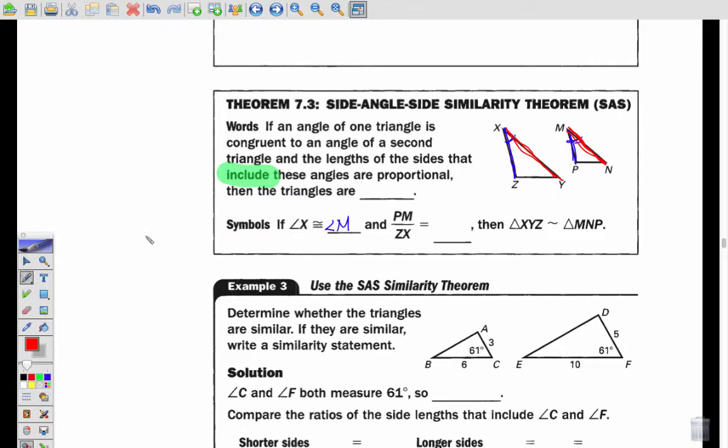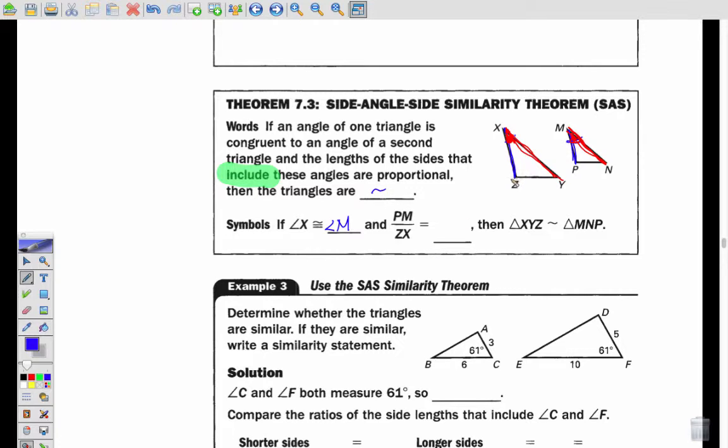Because these 2 sides form these angles in between, these angles that I'm filling in between, right? So these 2 sides includes these 2 corresponding angles. And the side opposite of that angle, ZY, PN, opposite of M, have nothing to do with it. But if these 2 are proportional, then the triangles are similar.